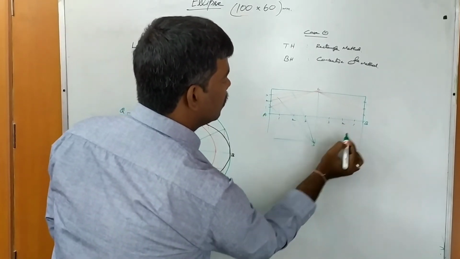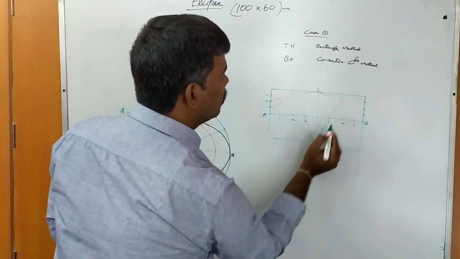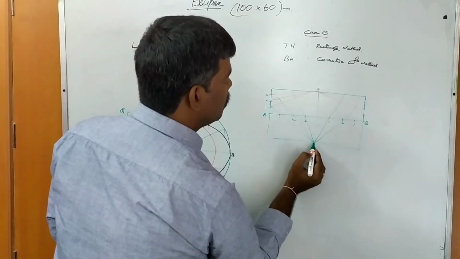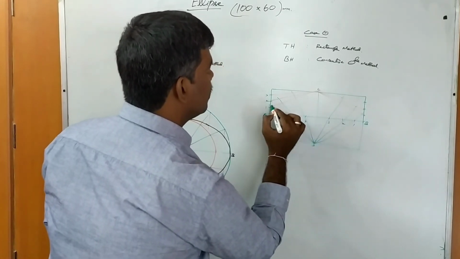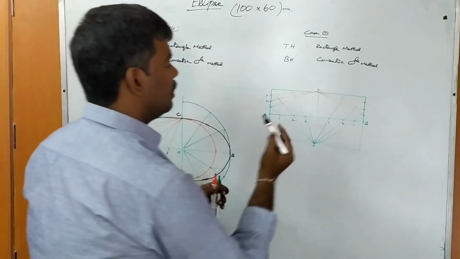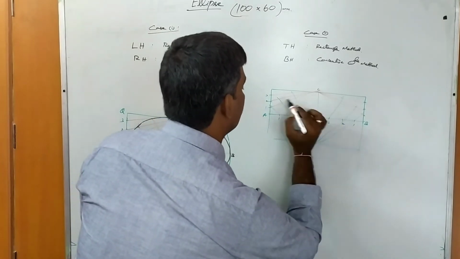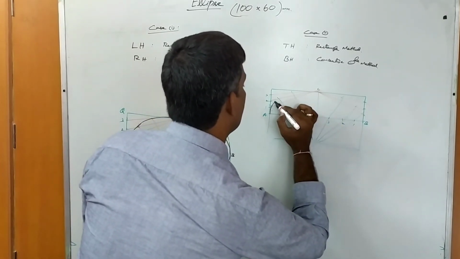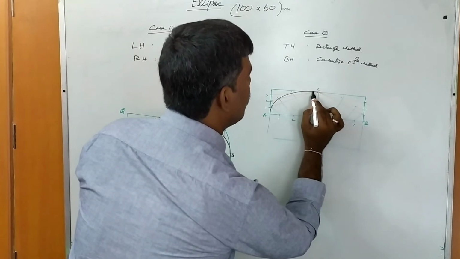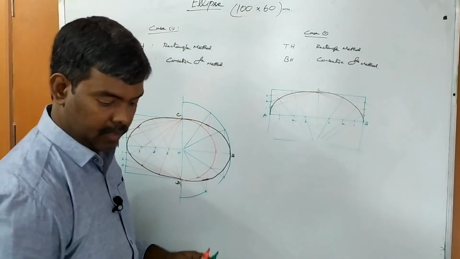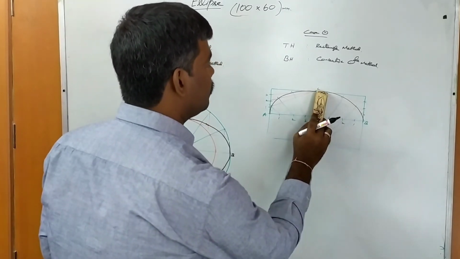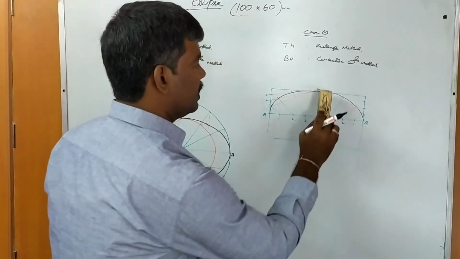Similar case 3, 2, 1, 3, 2, 1. So we get those intersection points. So you join including this. Okay, like this. Clear? Understand? Right.